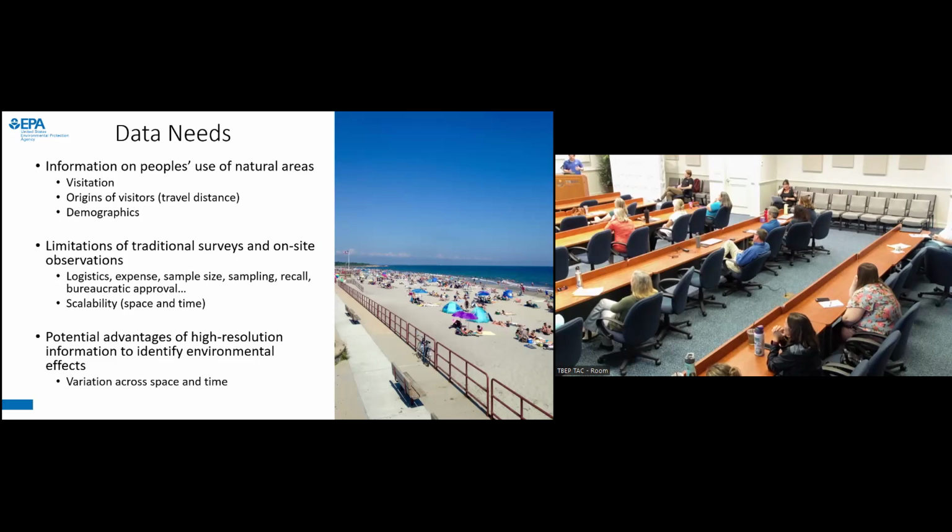So to do this kind of work, to move it in the direction of getting it better, more accurate, here are some of our data needs. We really need more information on people's use of these natural areas. That includes visitation. So how often are they going? How long are they staying there? Where are they coming from?